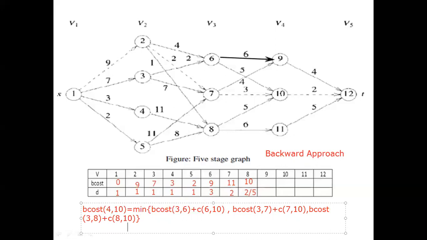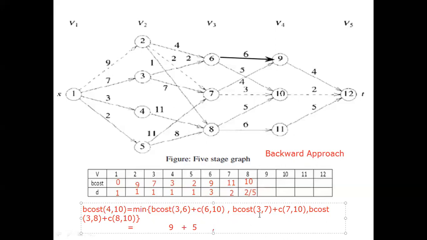Now I will get the values. B cost of 3, 6: I have to see the table, 6 because 3 is the stage. It is 9. Plus C of 6, 10, which is 5, comma.